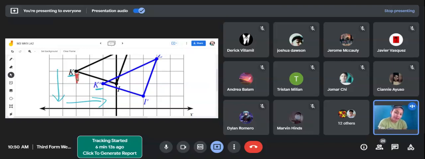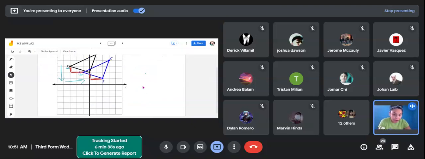And how many to the right? Two spaces. For I to move to I1, I had to move one space down and two spaces to the right. That is my rule.